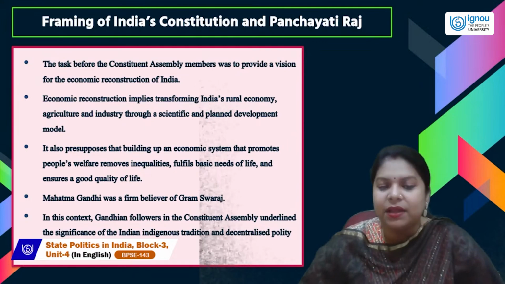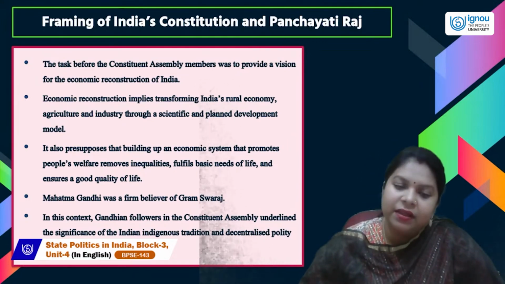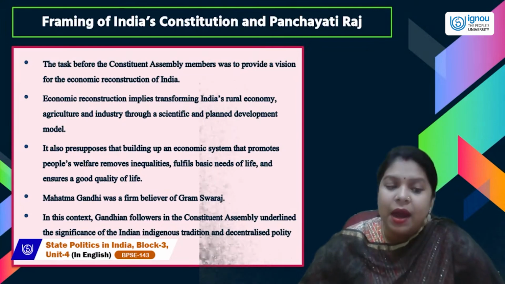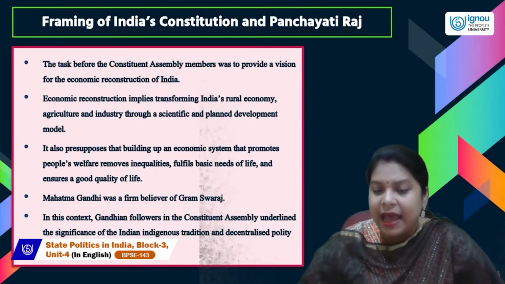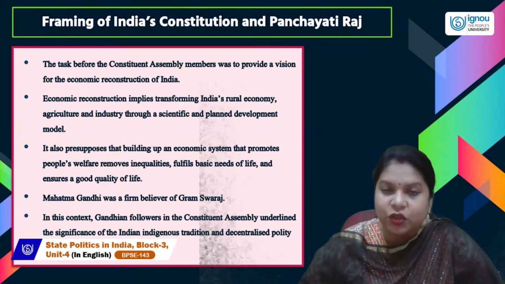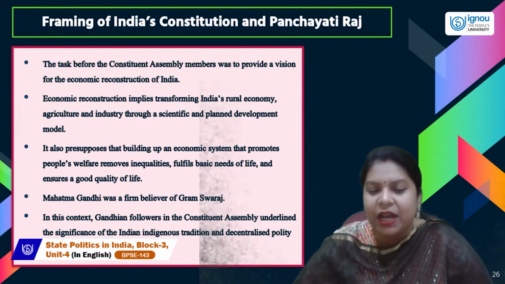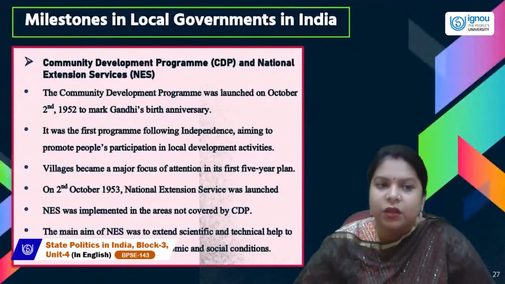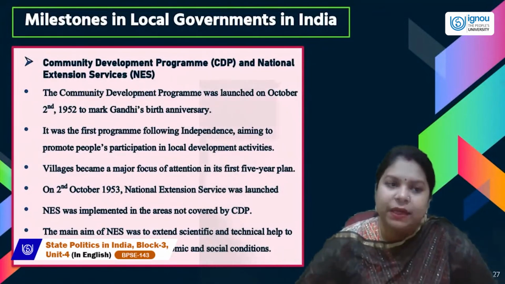Mahatma Gandhi was a firm believer in Gram Swaraj, and in this context, the Gandhian followers in the Constituent Assembly underlined the significance of Indian indigenous traditions and a decentralized polity based on village panchayats. This was the starting point from where village panchayats were introduced. Now, let's talk about the milestones in local governments in India.